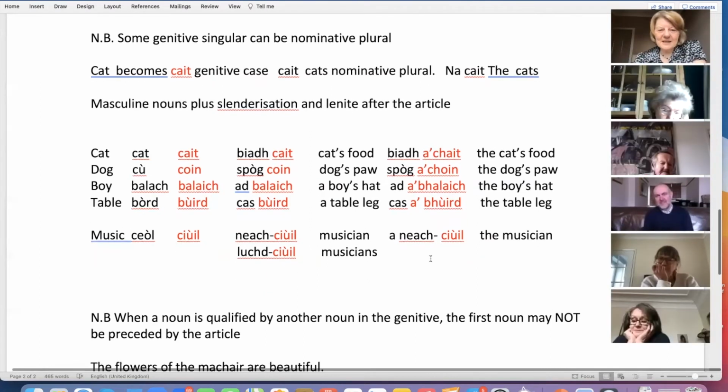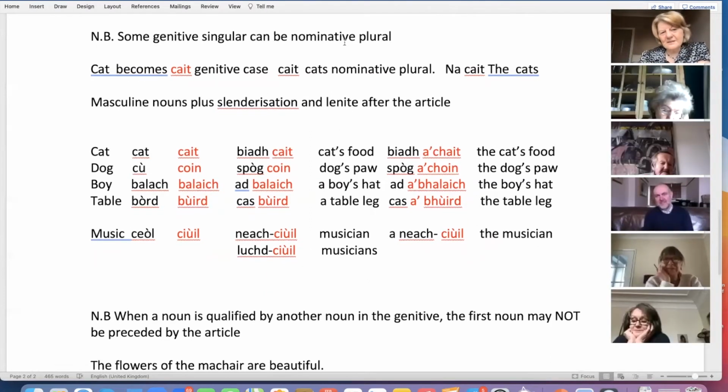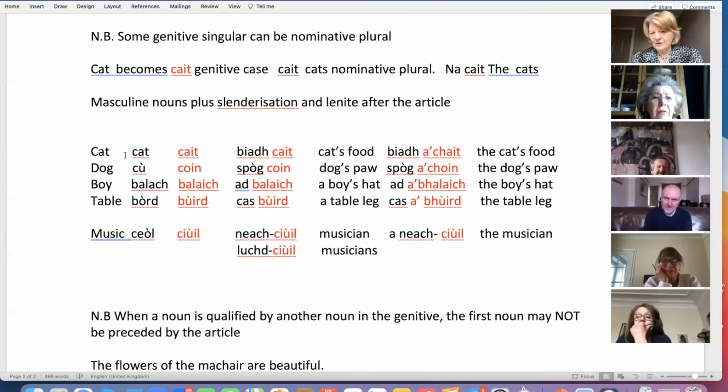As Caroline was saying to explain to me, she finds that the sounds are difficult. And it is difficult because when you're saying cat, in English, we just add on an S to our plurals, you know, cat, cats, dog, dogs. But unfortunately in Gaelic, and this is what makes Gaelic so interesting, you have to learn all the various ways of saying it.